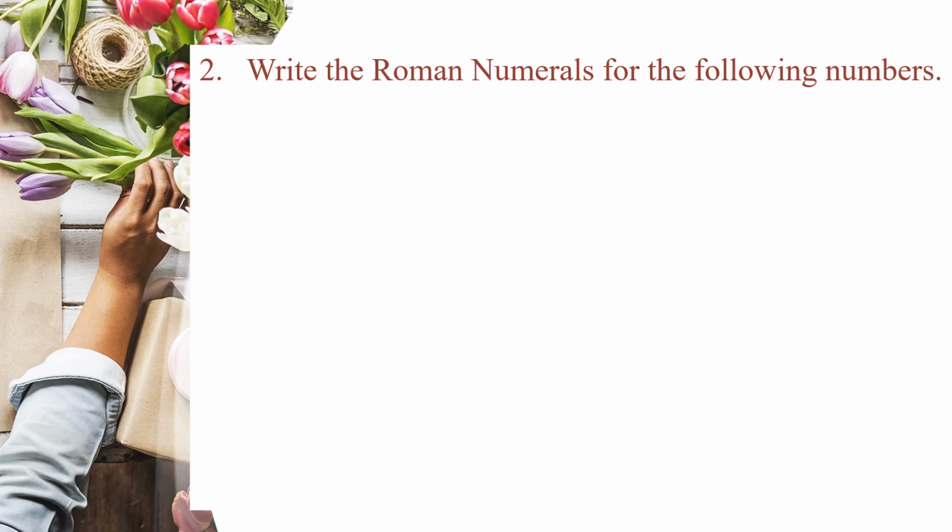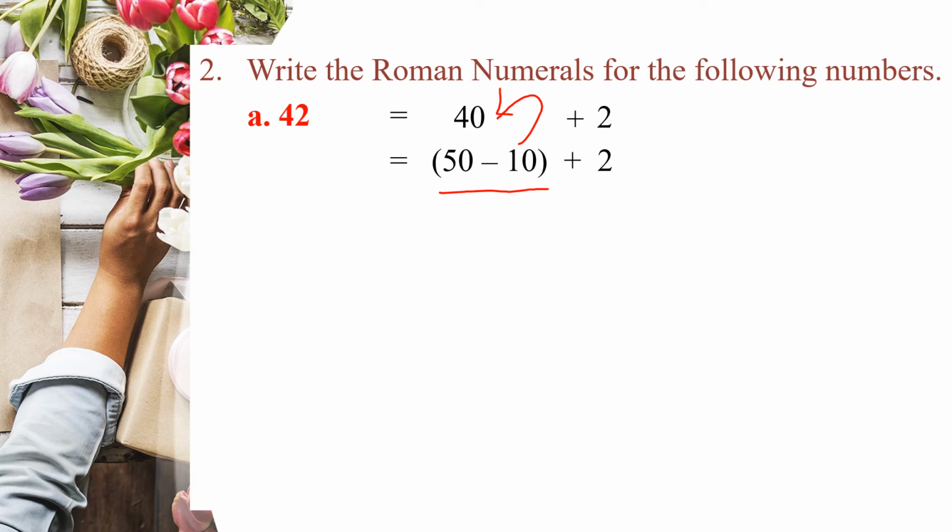Second question, write the Roman numerals for the following numbers. A: 42. 42 can be written as 40 plus 2. And 40 can be written as 10 plus 10 plus 10 plus 10. But we cannot write like that. Why? Based on rule number 1, we cannot repeat a symbol more than 3 times. So, we need to write this 40 as 50 minus 10, and plus 2.